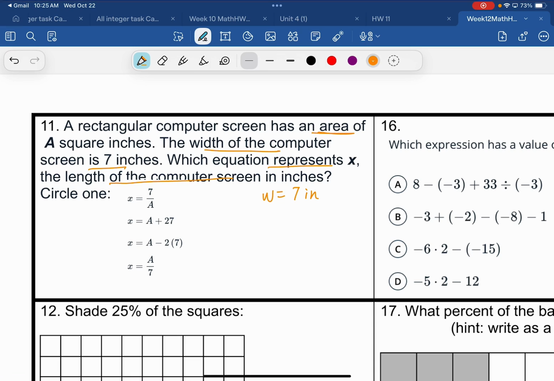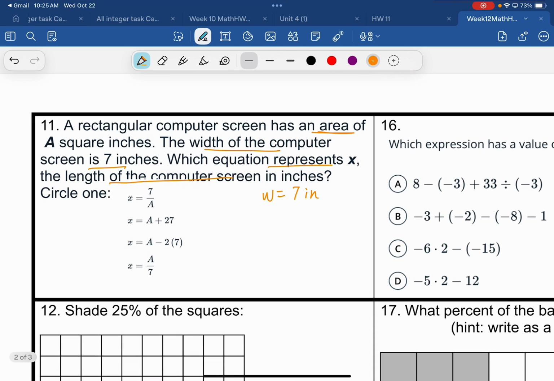What equation can I use to find this answer? So did they give me both what I need or only one? They've only given me one. So if I want to multiply a problem and one part of it is missing, what do I use to solve? Division or addition, subtraction?